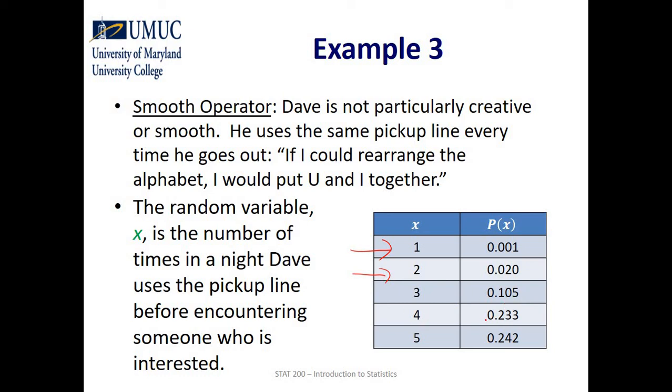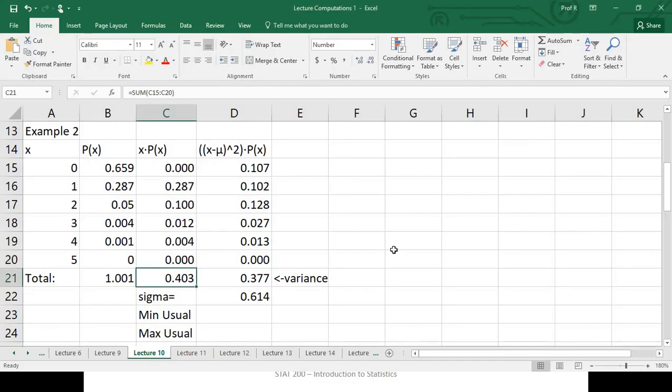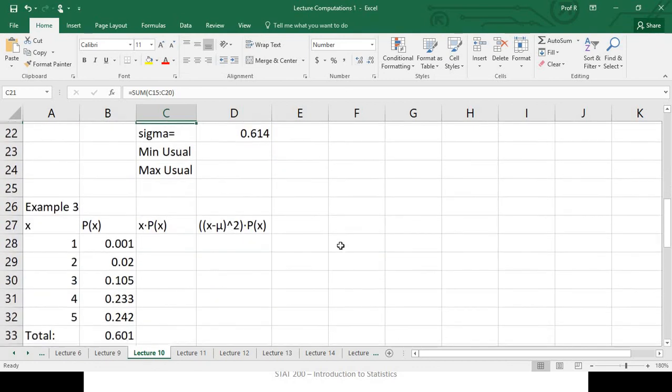His fourth one is 0.233, and his fifth one is 0.242. Okay, so I want you to find the mean, the standard deviation, and the variance of this. So the first question is, is this a probability distribution? Well, let's jump over to Excel, because I have it down here.